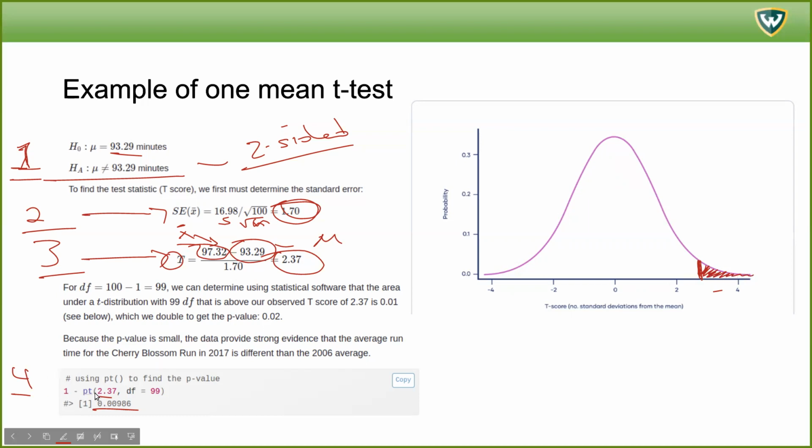Well, if you just put it in, the default of the pt function is to count from left to right and sum everything.